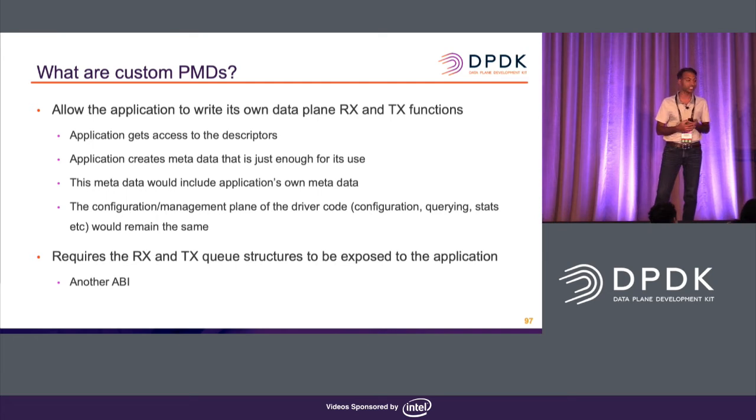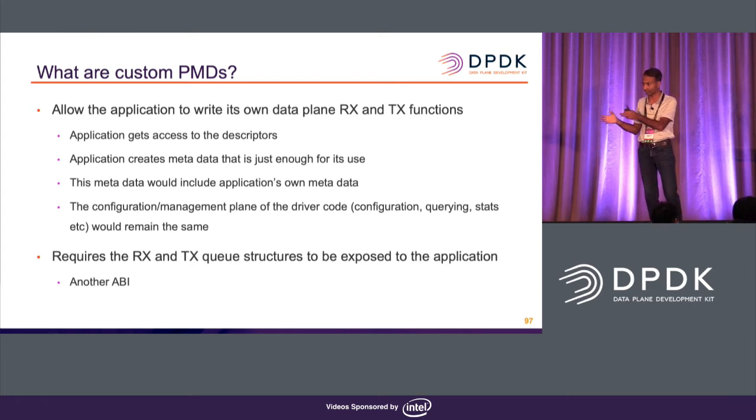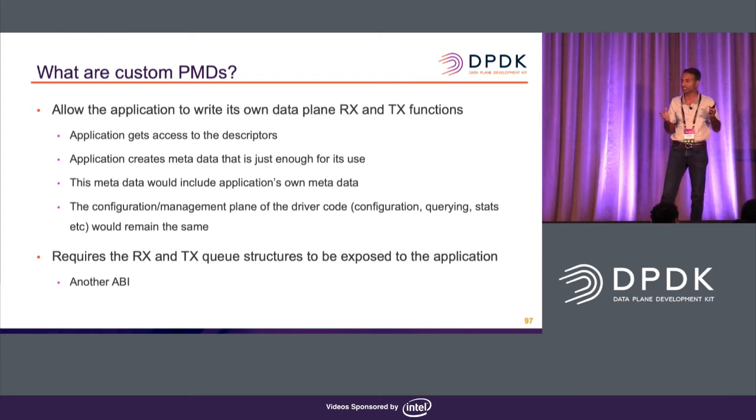It can still make use of the configuration and management interfaces that DPDK provides. That is a major part of the driver code. We can still make use of that, but I'm just saying that the RX and TX functions, which make up about 5% of the driver code, could be exposed to the application.